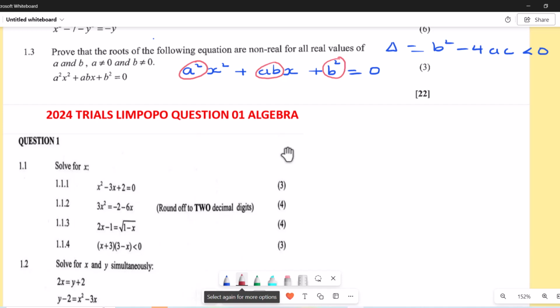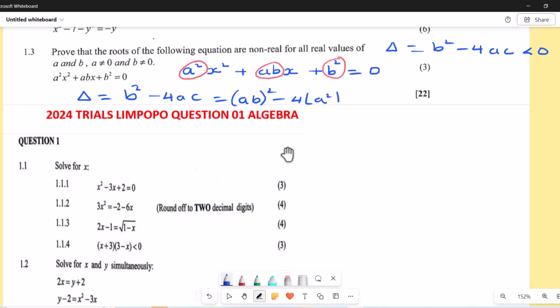To get my discriminant, which is b squared minus 4ac, I'm going to say my discriminant equals b squared minus 4ac. As you can see, our b is ab, so I'm going to say ab in brackets squared, and then minus 4 times a, which is a squared, and then our c is b squared.